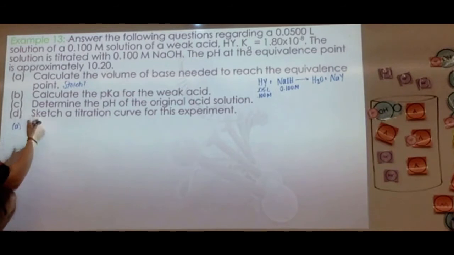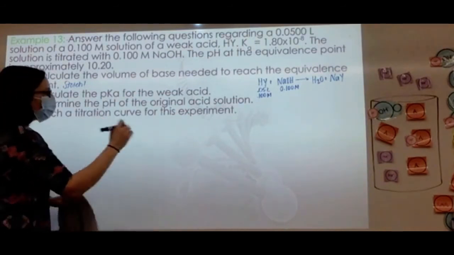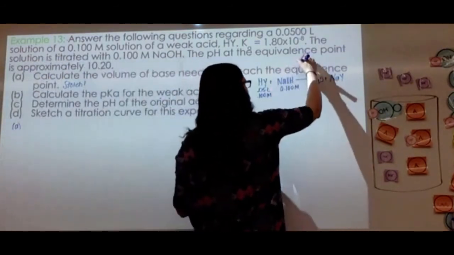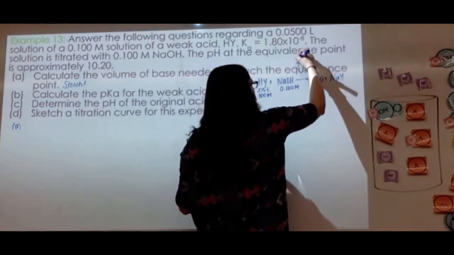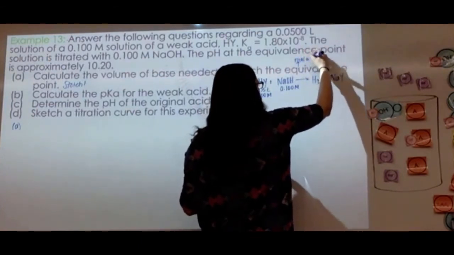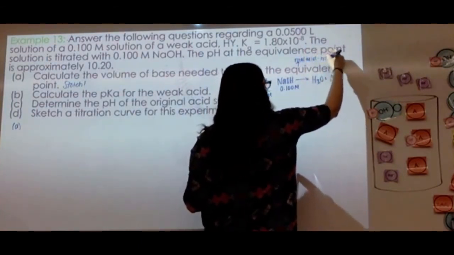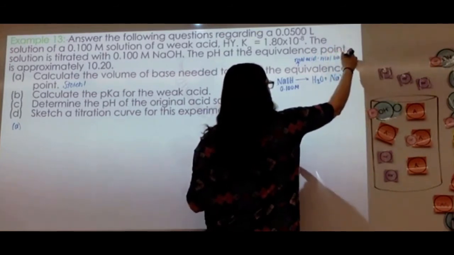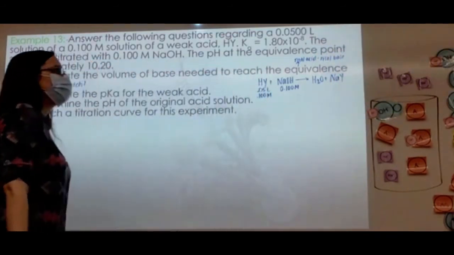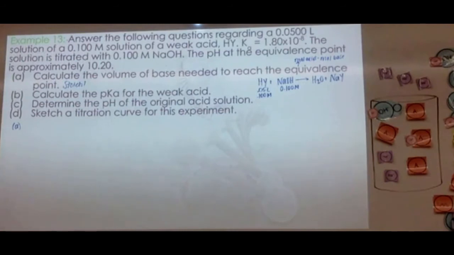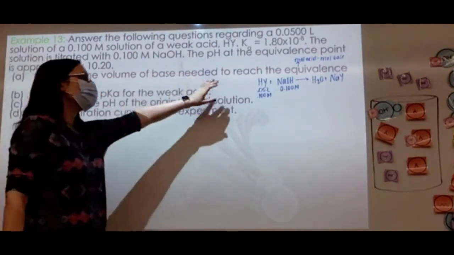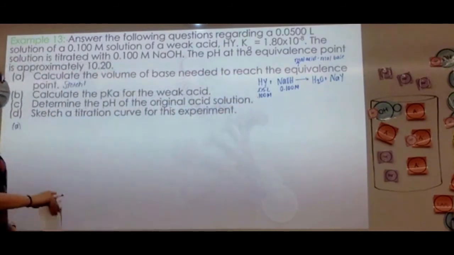At the equivalence point is important because this is where moles of acid equals moles of base. This is where all of the acid has been neutralized by the base. So think about what you have. This is why writing down our information is useful. I have molarity and volume of HY.